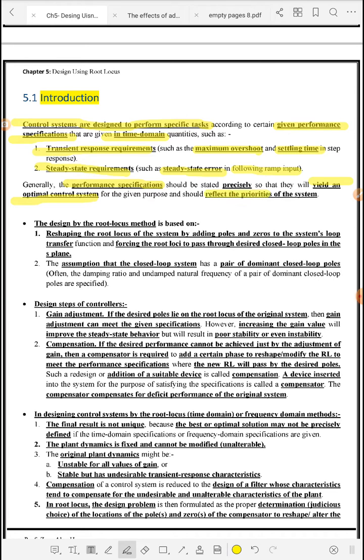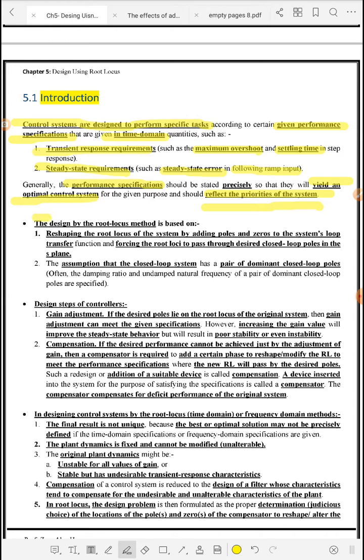And this is a very important fact, that they should reflect the priorities of the designer for the control system, depending on the application where we are applying the control system in certain plants.